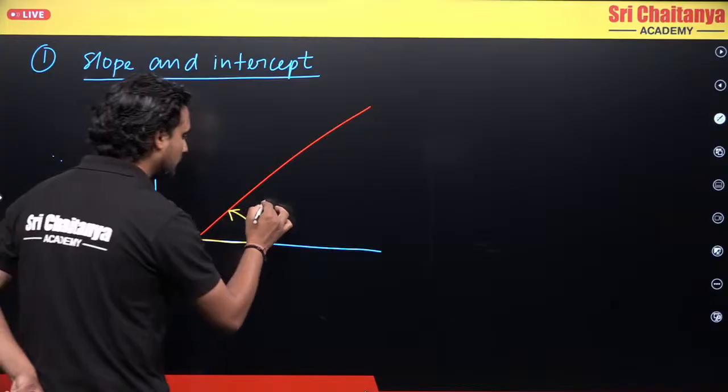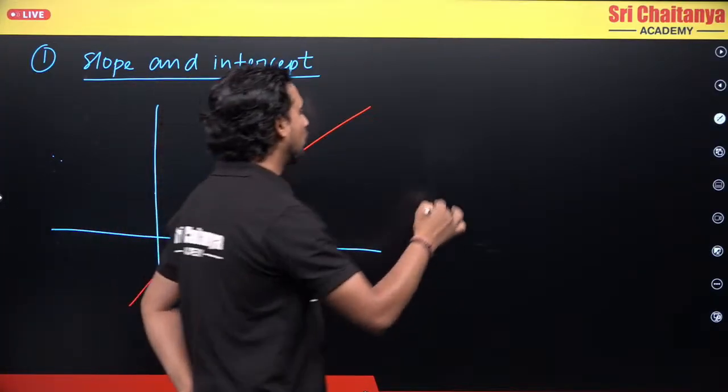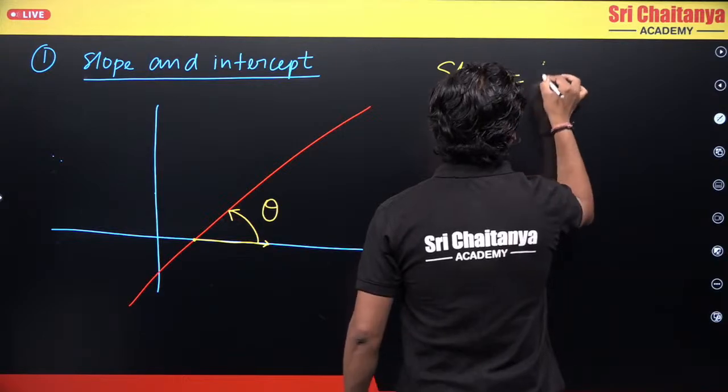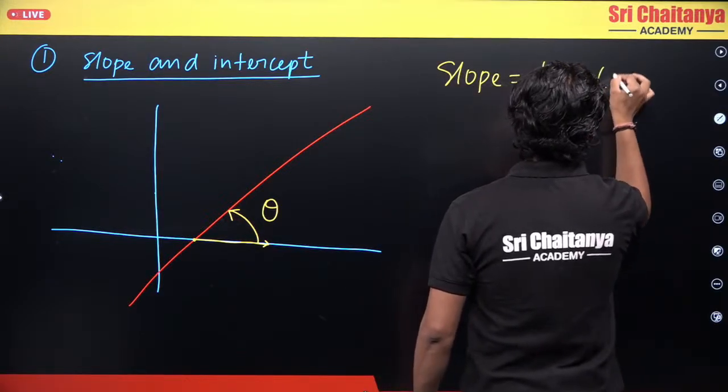This is the angle theta, and slope is equal to tan theta.